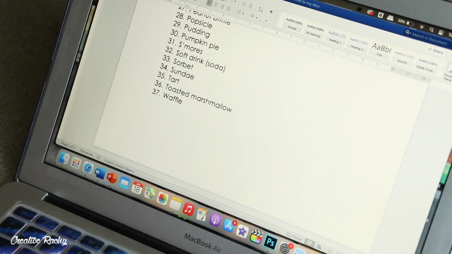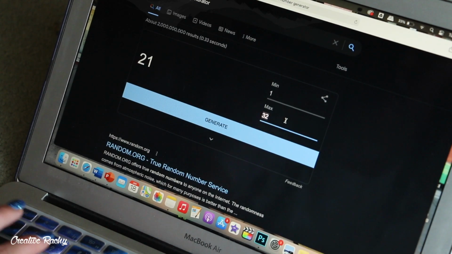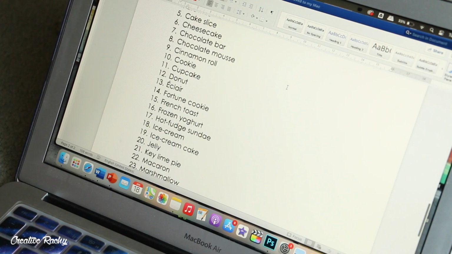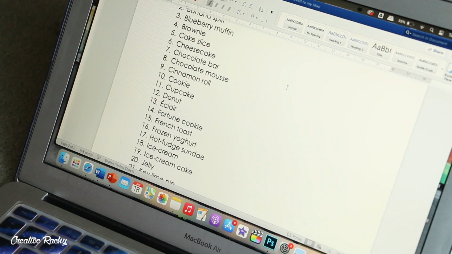We've got 37, so I'll just change that quickly, and the dessert is going to be number 10, which is a cookie. Alright, so I need to try and combine a moose and a cookie.